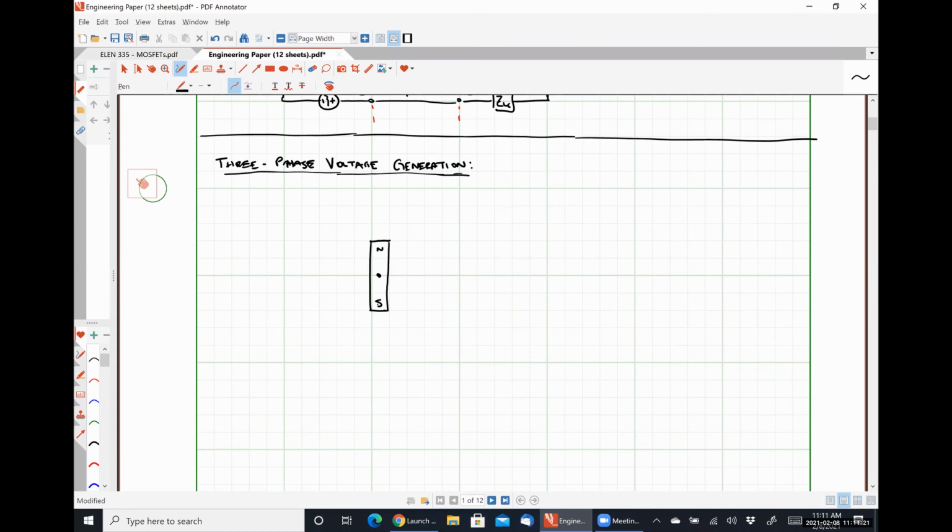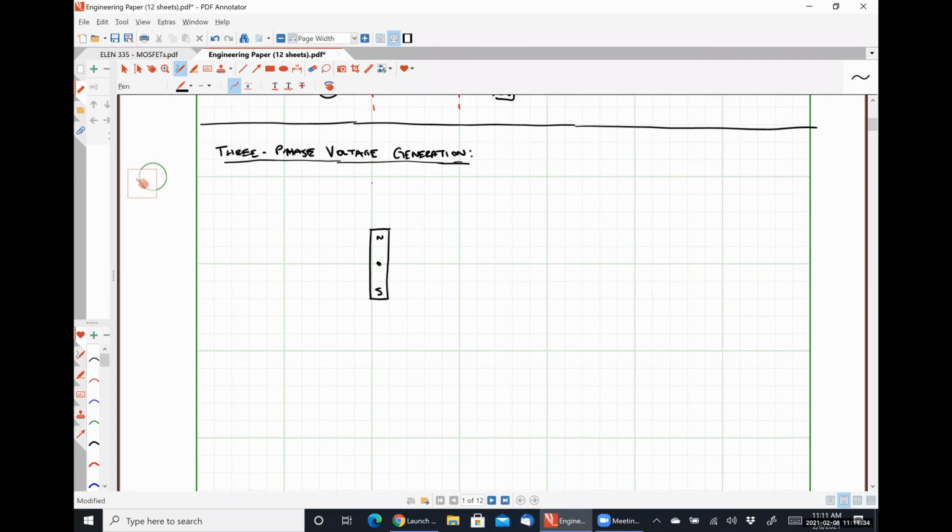Well, you guys have all had Physics 202 by this point, right? So you have had Faraday's law of induction. So let's say that I put, I'll try my best to draw vaguely a circle around this guy.